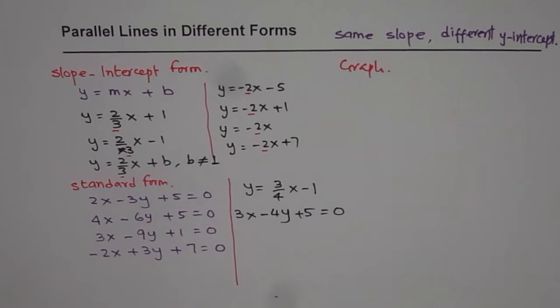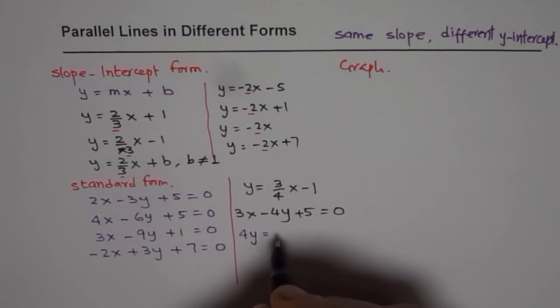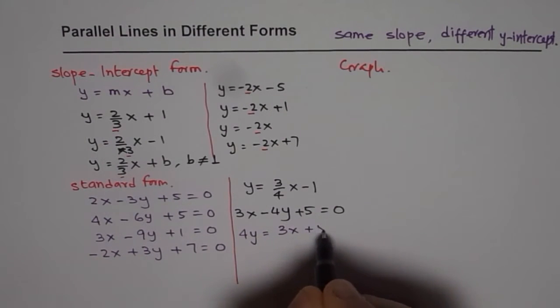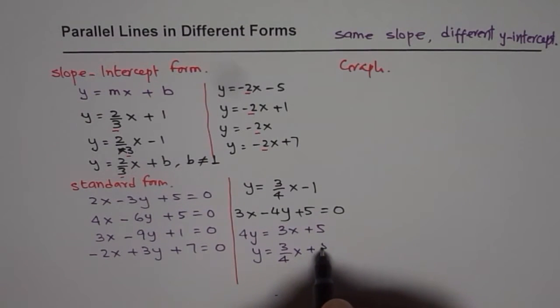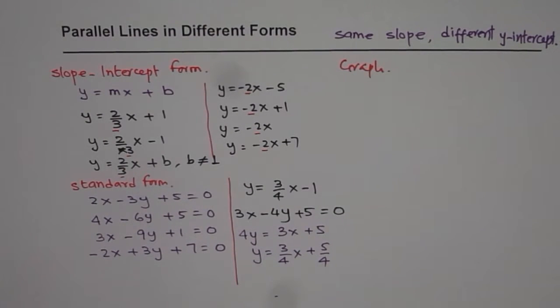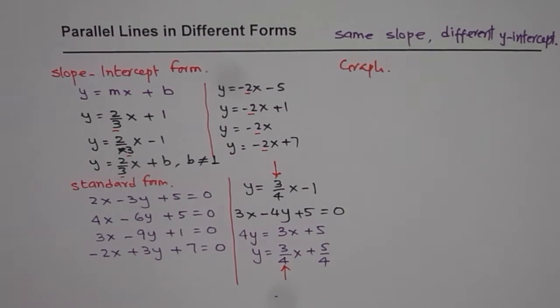Let us check. Let's rearrange this line and see if we get the same slope. If we rearrange, we could write this as 4y equals 3x plus 5. Dividing by 4, we get y equals 3 over 4 x plus 5 over 4. So as you can see, the slope 3 over 4 is same. So these two lines are parallel.